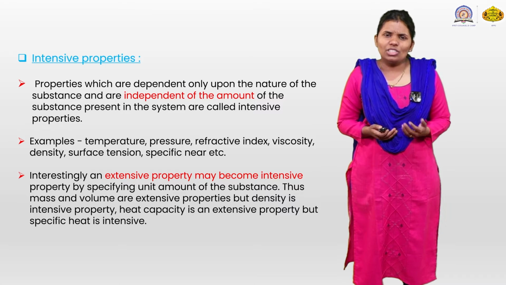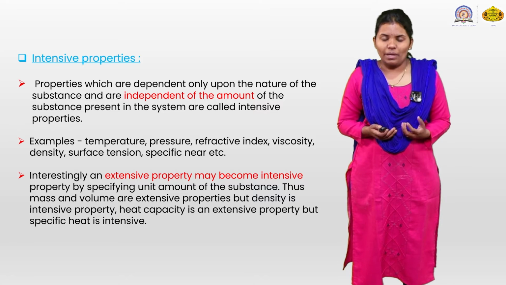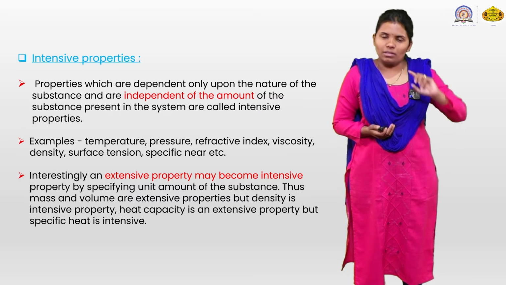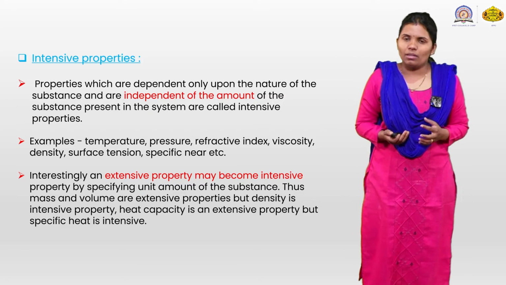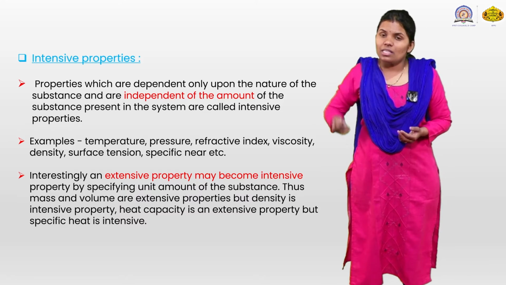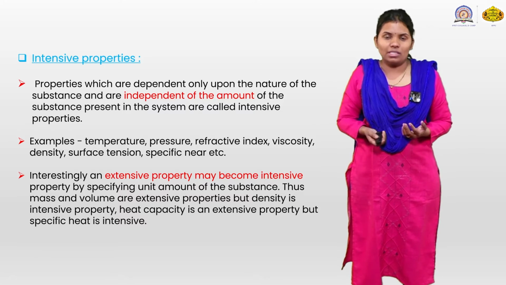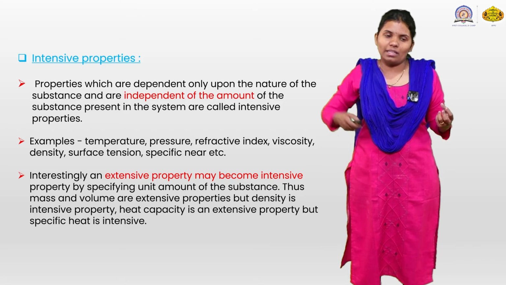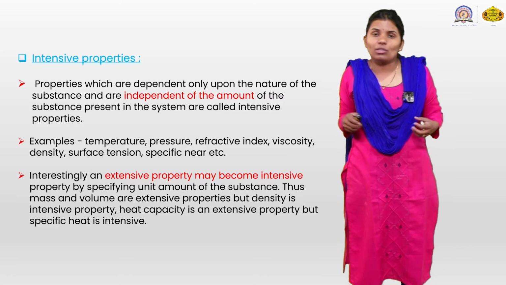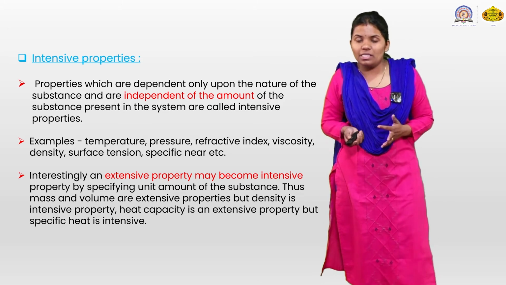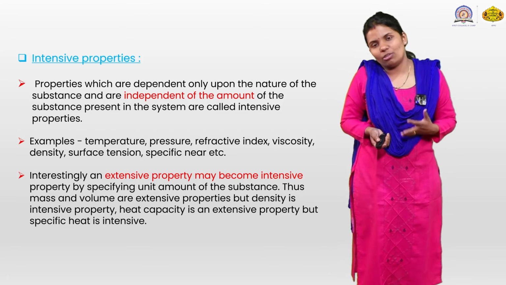One mole of a particular liquid has the same refractive index as one liter of that liquid. The same holds for viscosity and density. A 500 ml bottle of water contains the same density as 1000 ml of water at that particular temperature. So, it depends upon the nature of the system instead of how much matter is present.